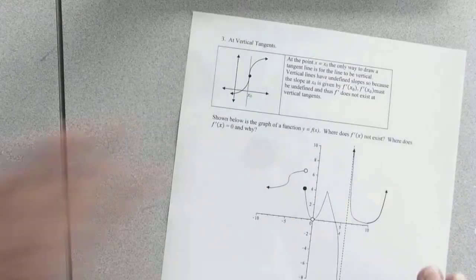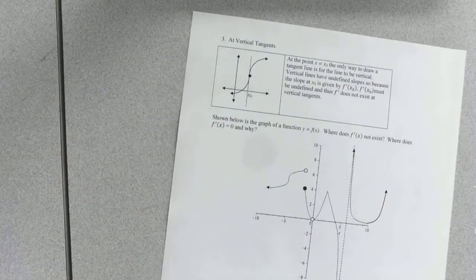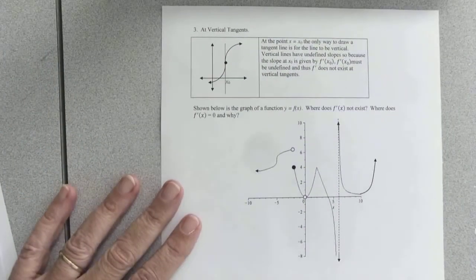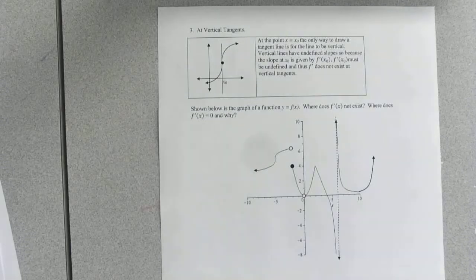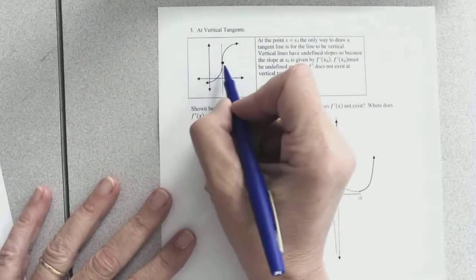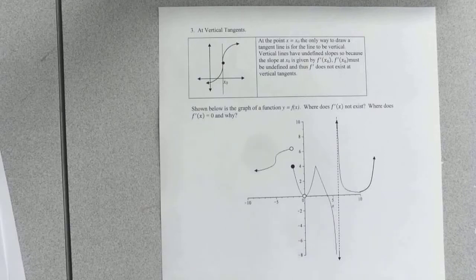Then the last one that is much harder to see is vertical tangents. So I've got a curve here, and right in the center of that curve, just for an instantaneous moment, that curve is perfectly vertical, just for that one point right there. And so if I'm going to draw a tangent line right at that one point, the tangent line has to be vertical.